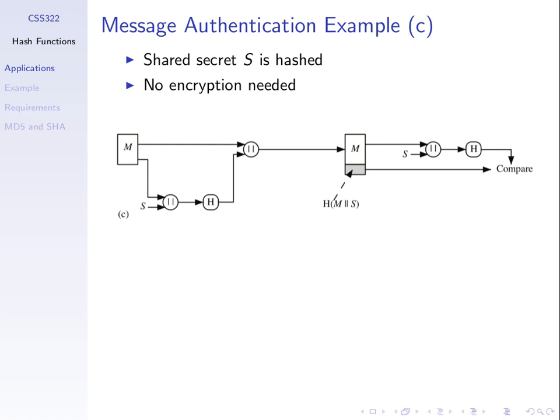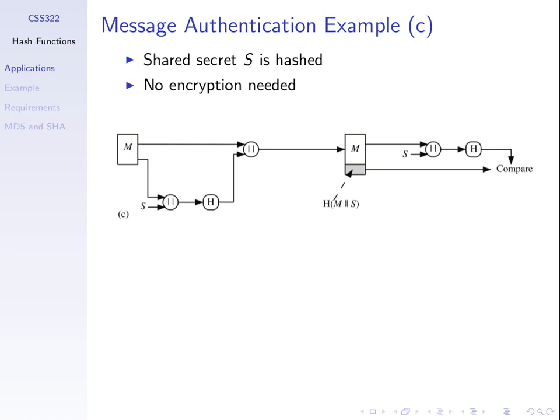Get some hash value and take the hash of that combination of the message and the secret. They calculate some hash value and they send across the network the message that they want B to receive concatenated with this hash value, H.